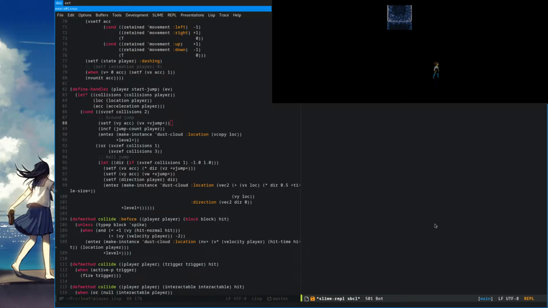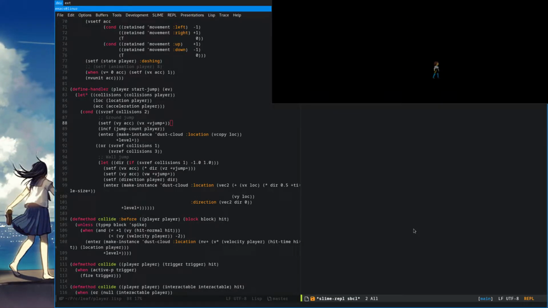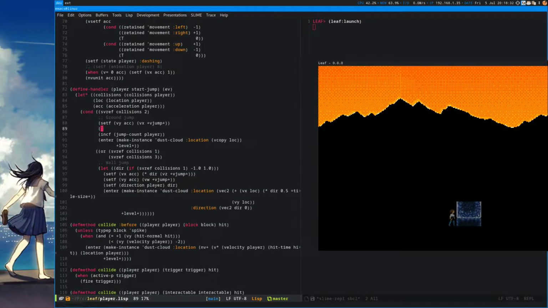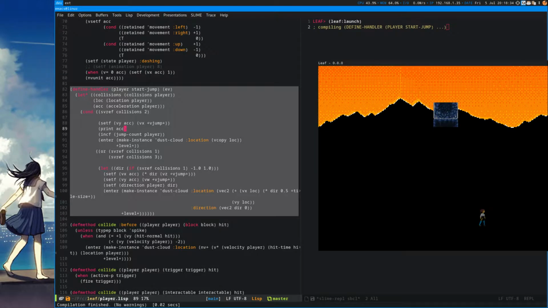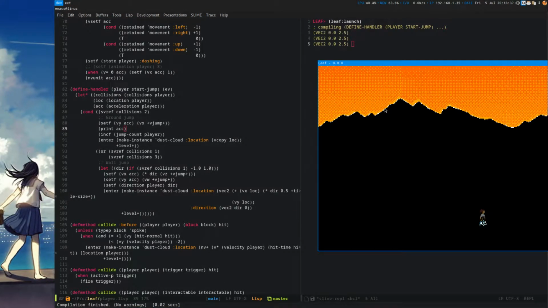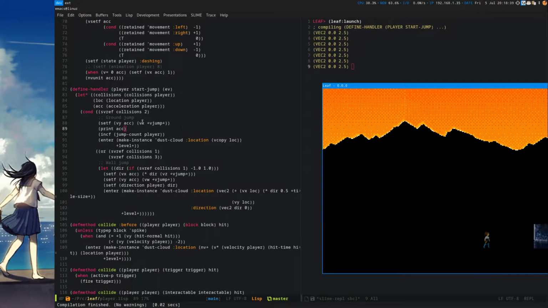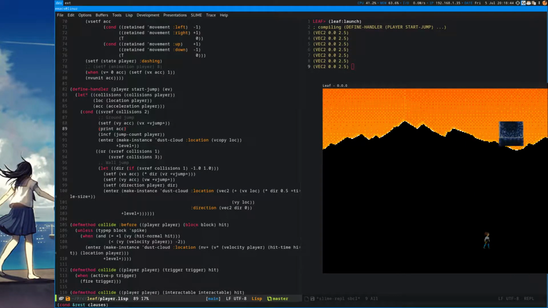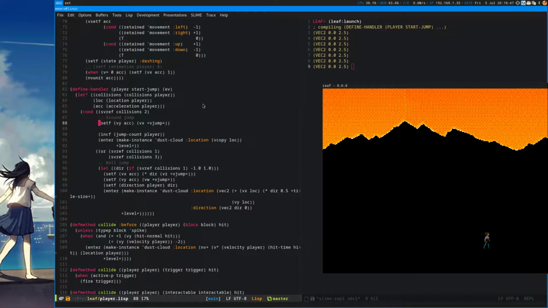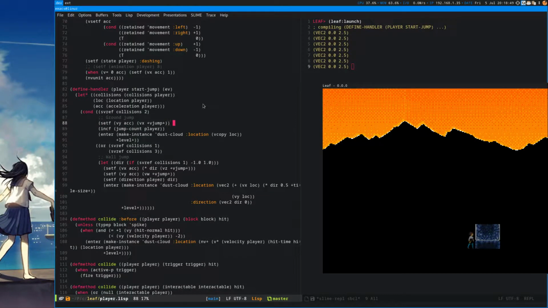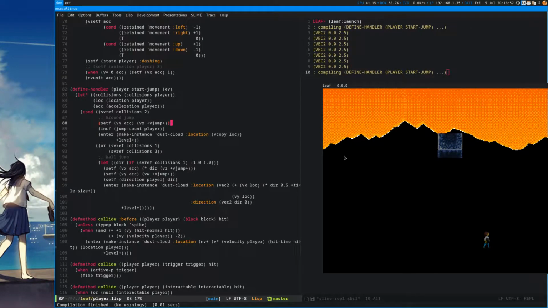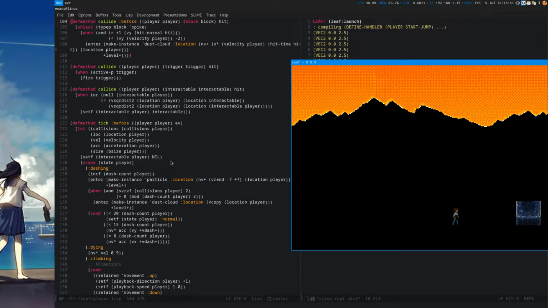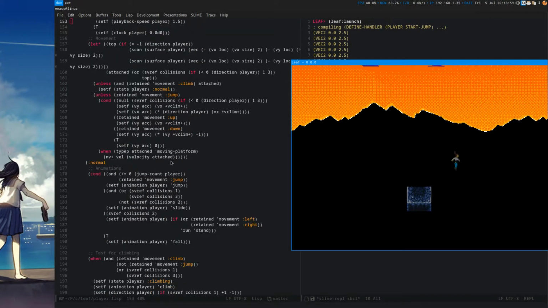Now, for some reason, we can't jump. Why is that? Somehow set to 0 immediately. How does that happen?